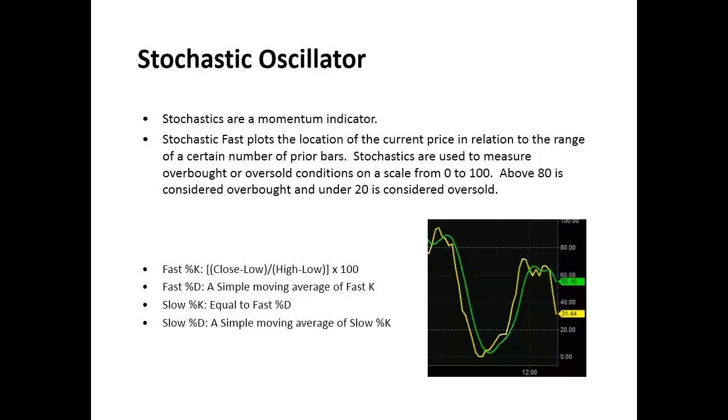You're working with the percentage K, which is the lead oscillator, and the percentage D, which is a moving average of the percentage K. Does this sound or look familiar? The moving averages that we use, you have a lead moving average and a laggard moving average. It's pretty much the same thing with the oscillators. You have a lead oscillator, and then you have a laggard oscillator.